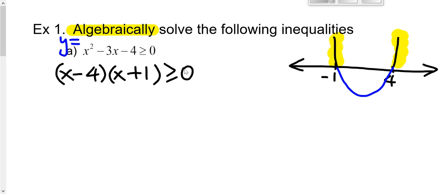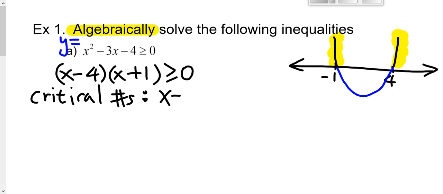That means our critical numbers are, because we know something will be happening around the x-intercepts. So our critical numbers are, well, I'm going to skip a step. What will make this whole thing equal to 0? Set this equal to 0. X minus 4 equal to 0, and that means x is 4. 4 minus 4 gives you 0.